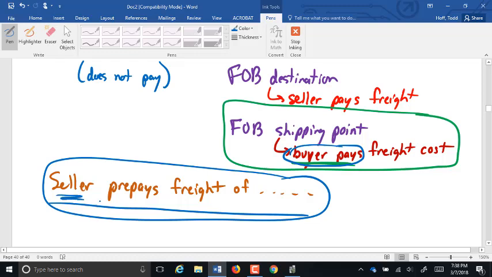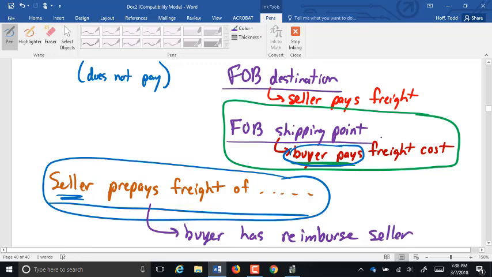So the seller prepaid the freight, paid the shipping company. That means the buyer has to reimburse them. So generally the phrases we see that will not say free on board, it'll just say seller prepays freight of, or seller prepays shipping costs of.